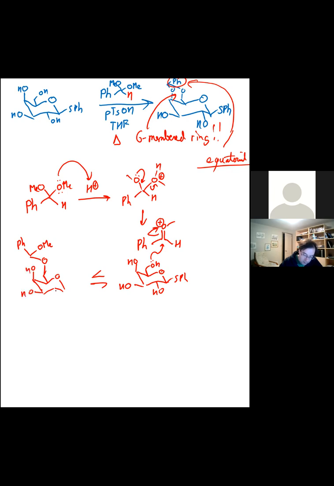We got something like this. Now, this can go back. There's nothing stopping it. The H is still here. The most likely thing to happen is for it to revert back, and it goes back and forwards endlessly, and that definitely happens. But we can get a proton transfer.